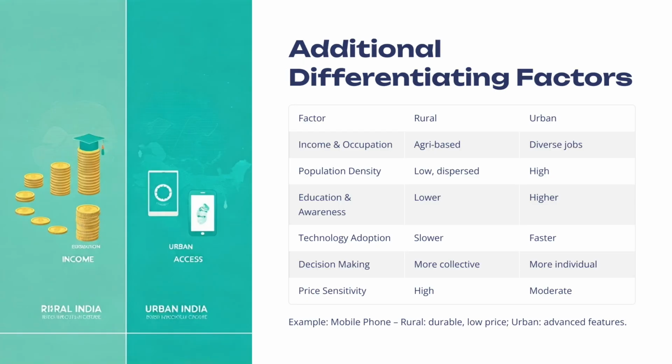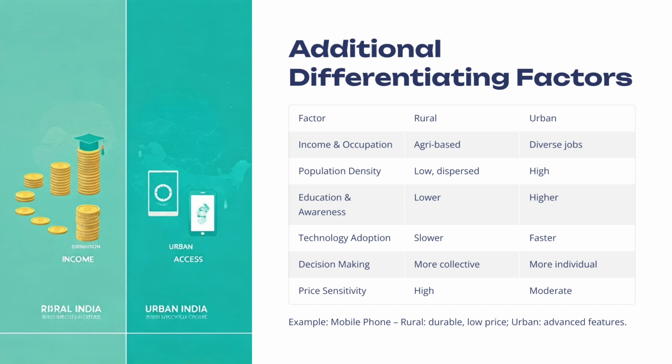Beyond these key parameters, there are several additional differentiating factors that contribute to the urban-rural divide in consumer behavior. Income levels generally tend to be lower in rural areas compared to urban centers, which naturally affects how much people can spend and what they can afford. However, it is important to remember that income levels in rural areas are indeed rising.